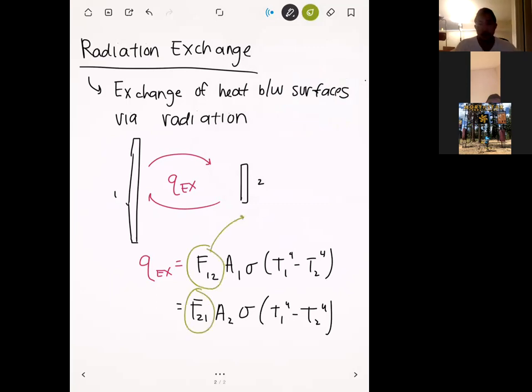We define these as the view factors. And remember, the view factors are a number that describes how much of the radiation from one surface hits a different one.